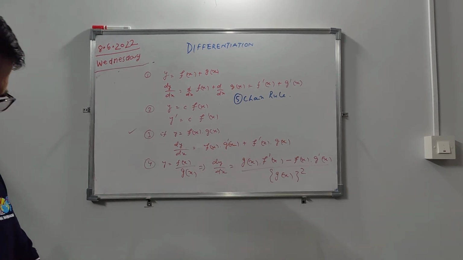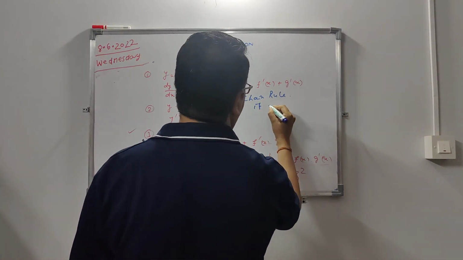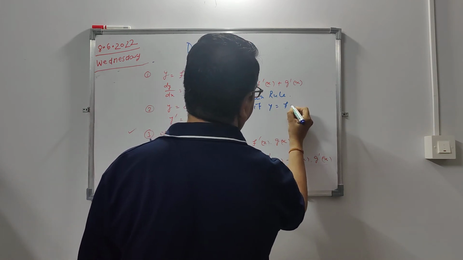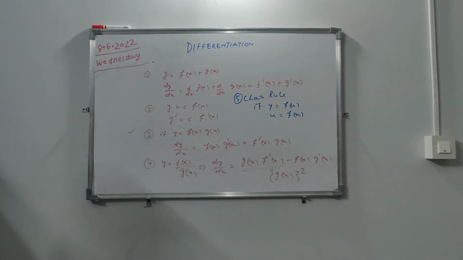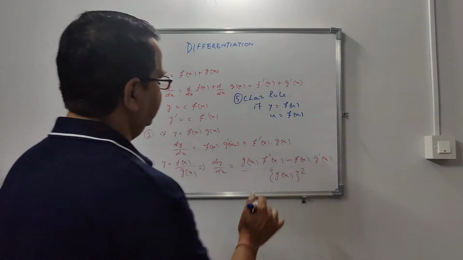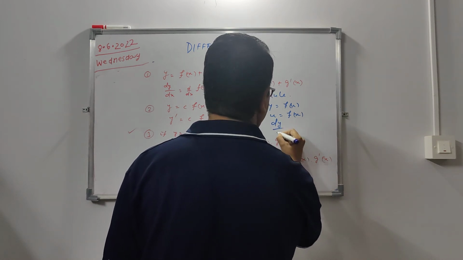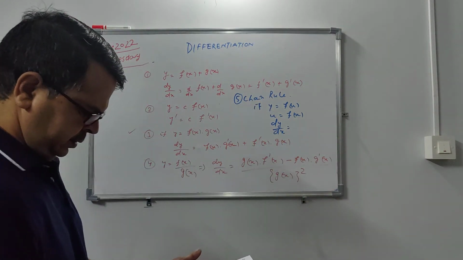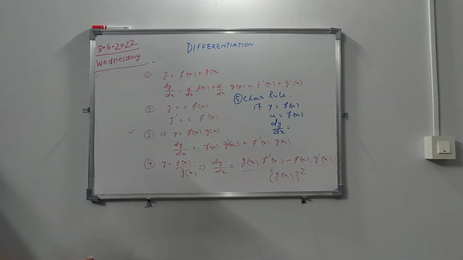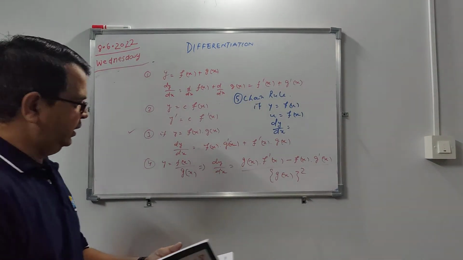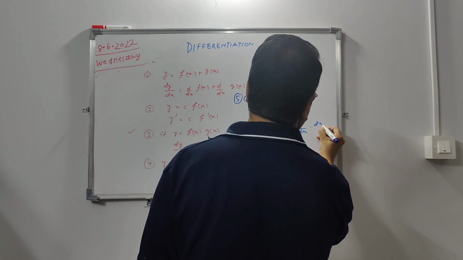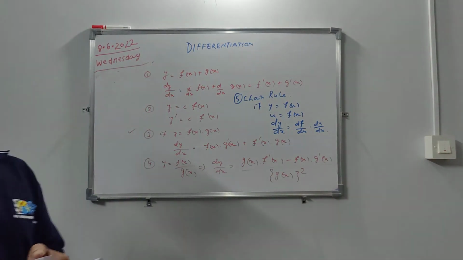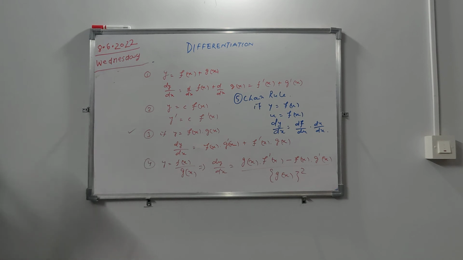If y is a function of u, and u is a function of x, then dy by dx is equal to df by du into du by dx. That is the chain rule.